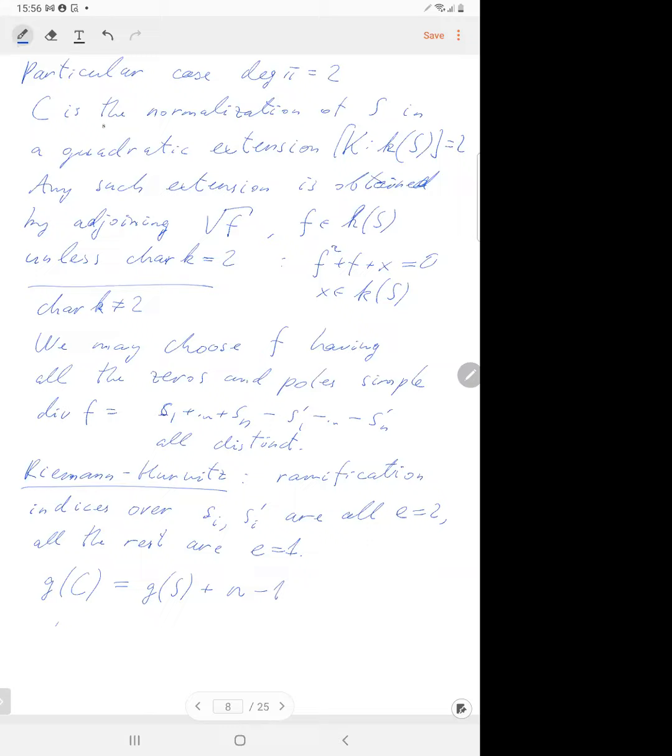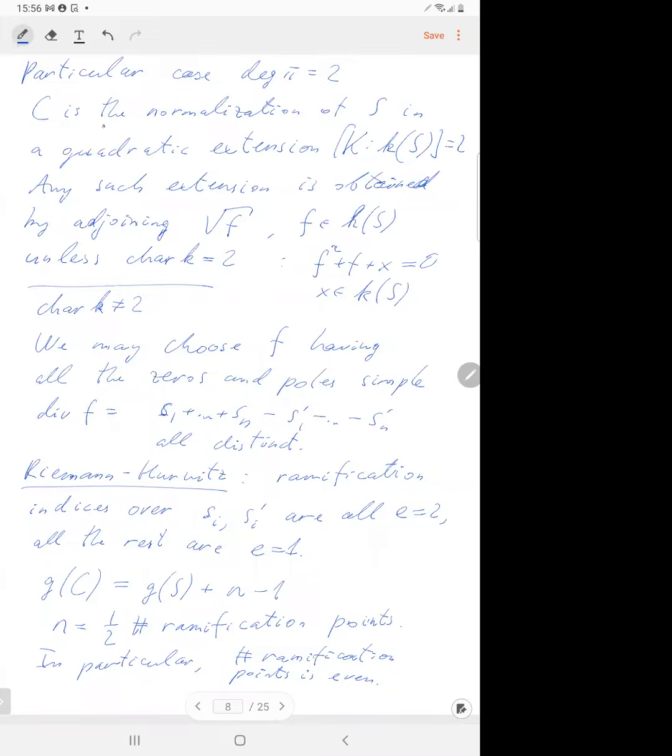So this n, once again, is one half of the number of ramification points. So in particular, the number of ramification points is always even.